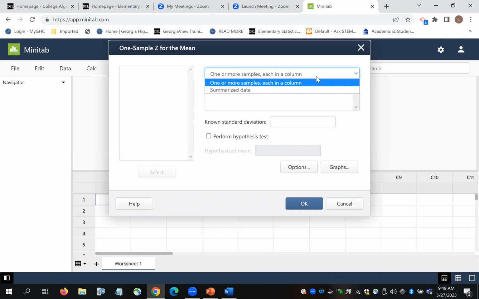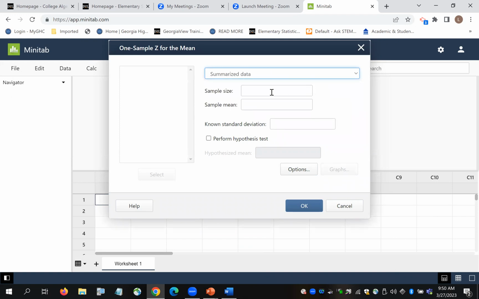I have summarized data. My sample size given in the problem was 84. The sample mean given in the problem was 61.2. The known population standard deviation was 7.9.